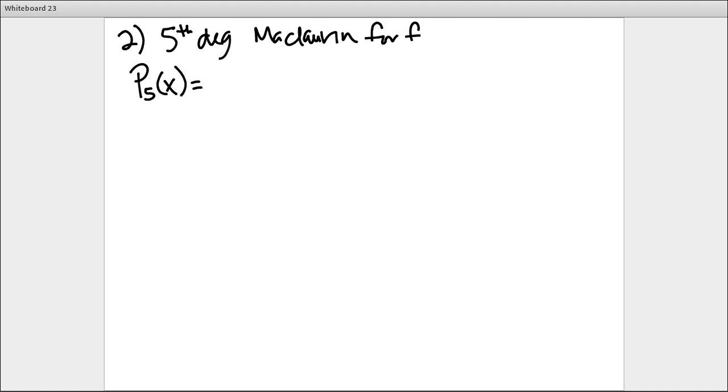Number 2 on the review worksheet says, let f be a function having derivatives of all orders for all real numbers, and they give us the 5th degree Maclaurin polynomial for f, given by 1/2 x to the 5th minus 2x to the 4th minus 4x cubed minus 8x squared plus 10x minus 2.